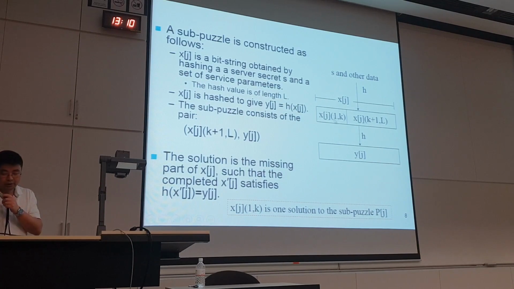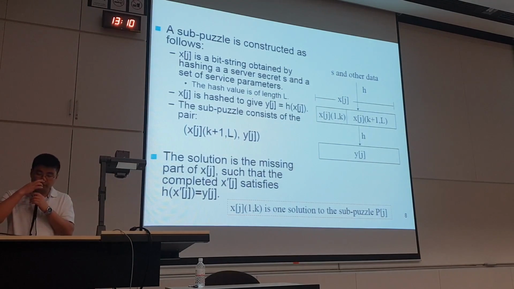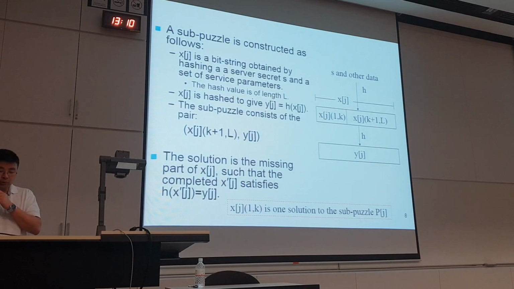However, because the hash is one way, you cannot directly find X from Y. And also, S is a secret only known by the server, so the client cannot calculate S in this direction. So the only way the client can solve the puzzle is to do a brute force. You try to enumerate all the possible missing K bits.